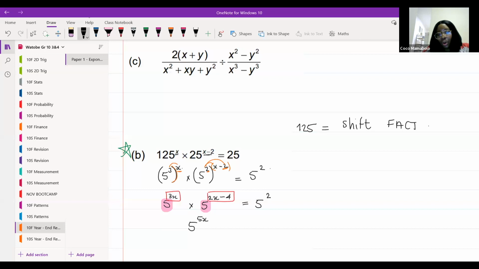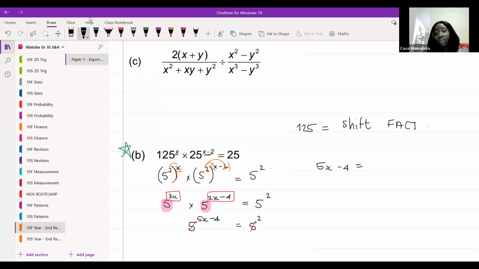Good. And the minus 4, don't leave it behind. It must come with us. Minus 4 is equal to 5 squared. Correct. Now that my bases are the same, I can drop them. I can drop this one and drop this one. Now my equation is just going to be the exponents, Refilwe. I'm going to get 5x minus 4 is equal to how much?